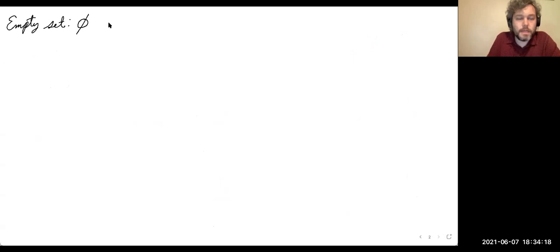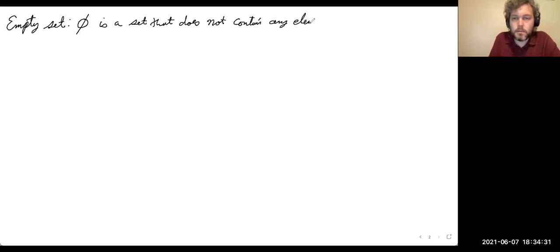The empty set is a set that does not contain any elements. The empty set does not contain a single element. It is completely empty. There are no elements. If I tried to write that out, the empty set would equal something like this. It would just be completely empty.